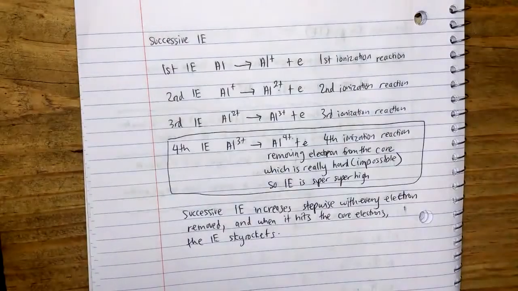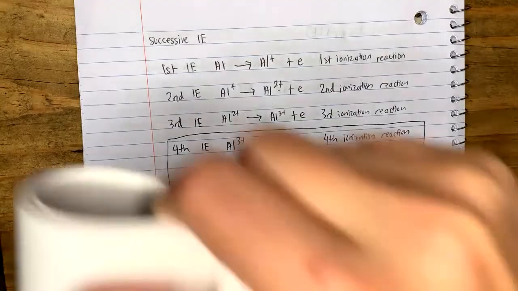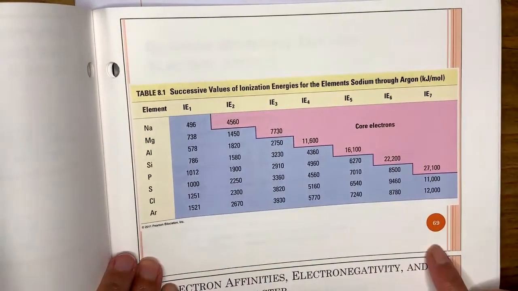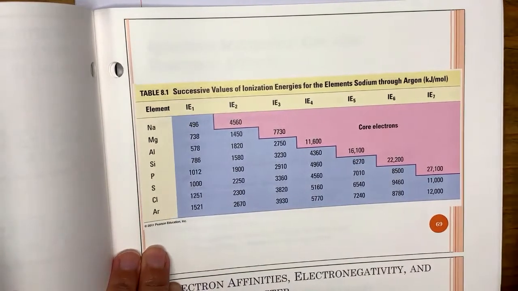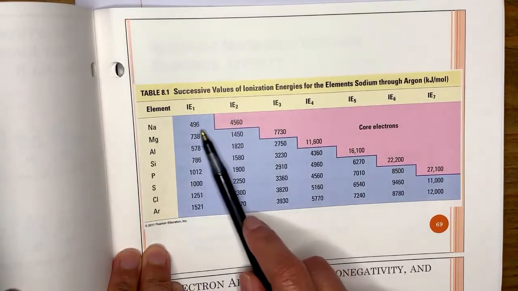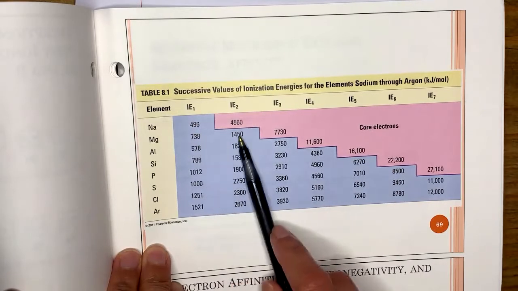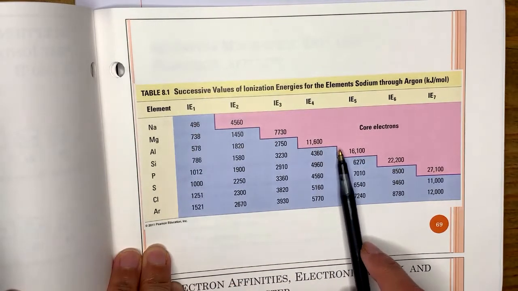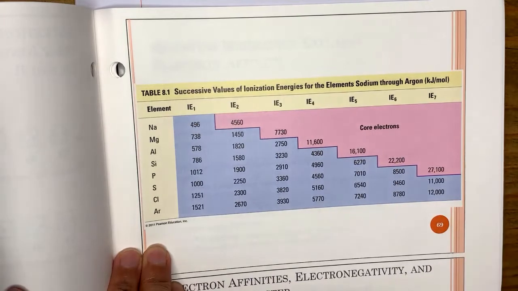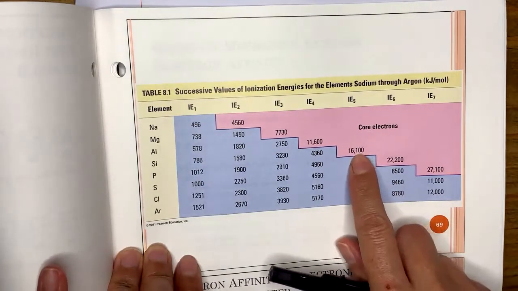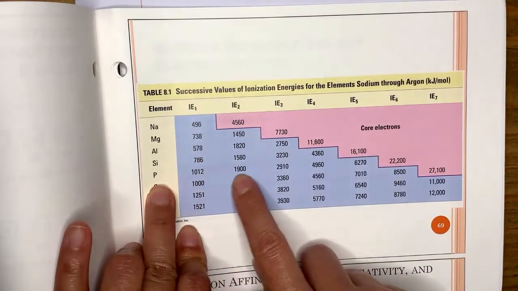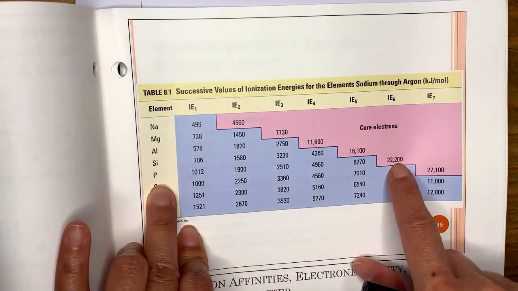Now, let's take a look at more over here. You can see clearly on this successive table, this is slide number 69. You see how it jumps from valence to core, and then valence to core. This is the valence and that's the core. Once you get to the core electrons, it's really hard. So for group 4, after you remove 4, the 5th one is really hard. For group 5, after you remove 5, the 6th one is really hard.